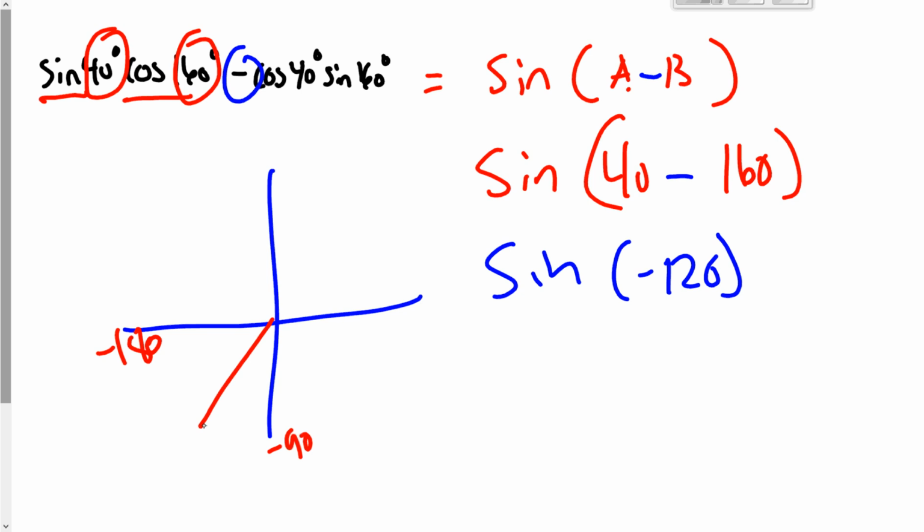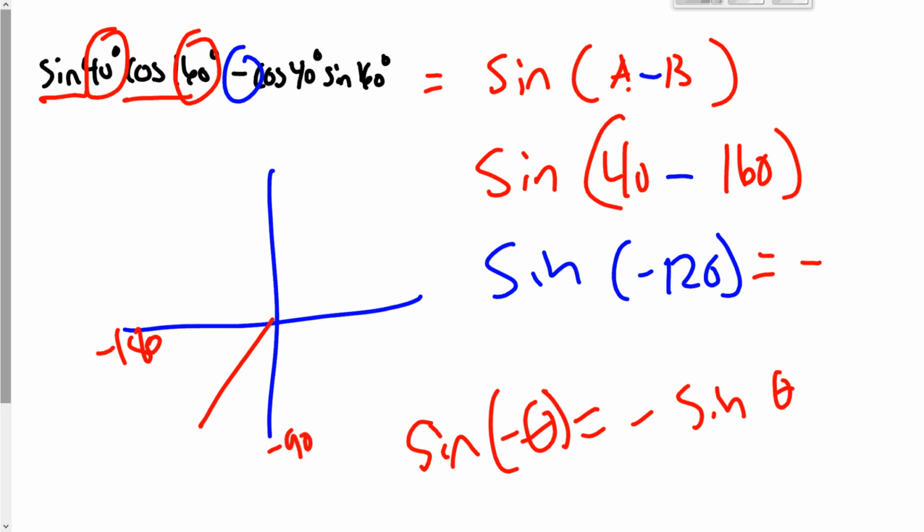We're right about here. That's a 60 degree reference angle, right? So sine down here is going to be negative, so our answer is going to be negative. And we know that because this is an odd function, so it's negative sine of just the positive angle. So we know we're going to have a negative answer, and we're down here at negative 120.